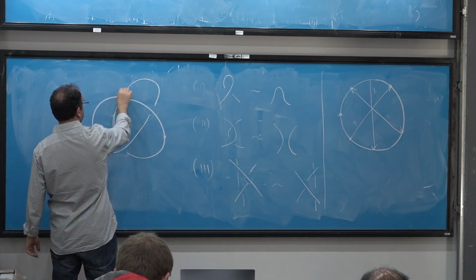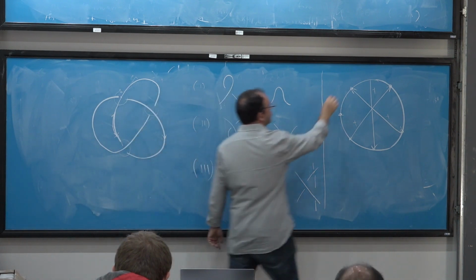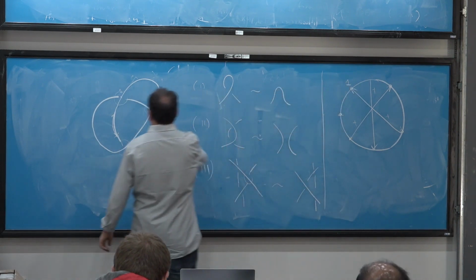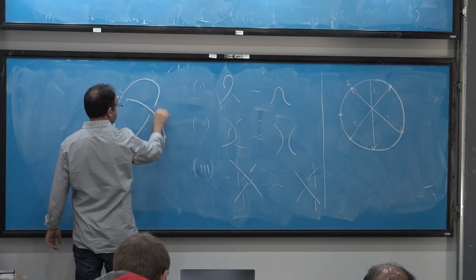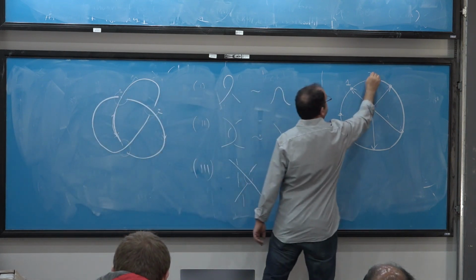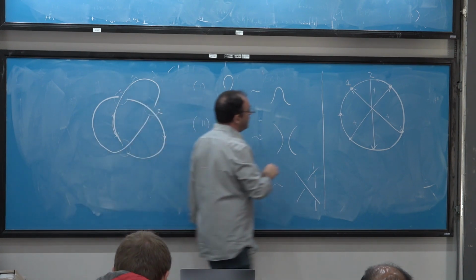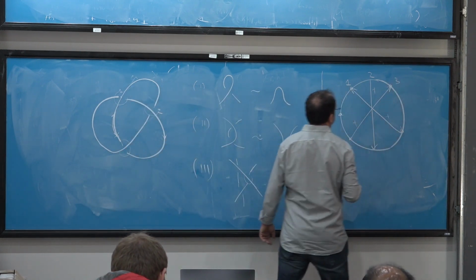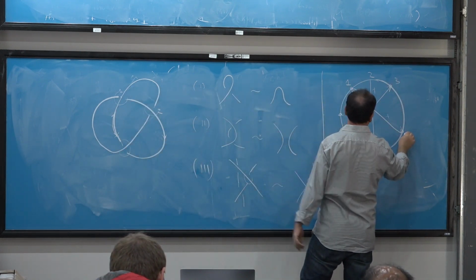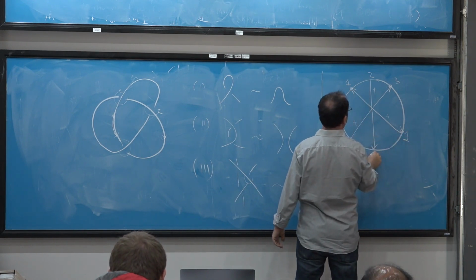Say this is the crossing point number 1, so we draw 1 here. Then we go here and we get to the crossing point number 2. And then we get to the crossing point number 3. And then we keep going and we get to the crossing point number 1 again.